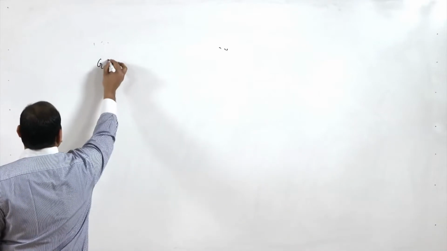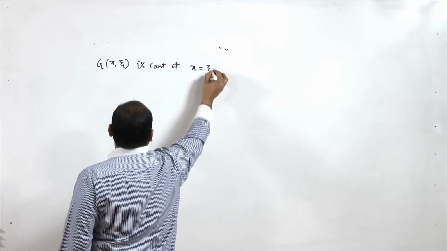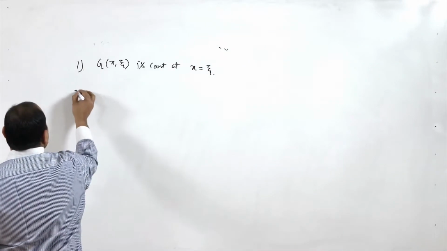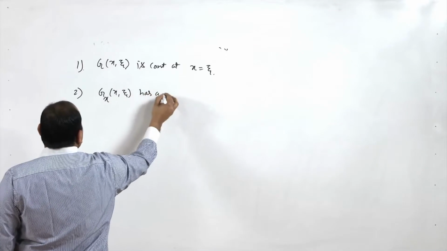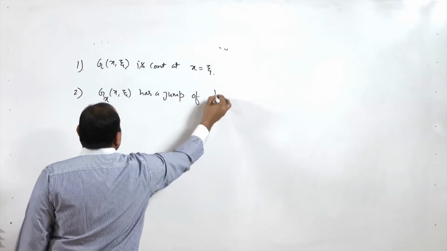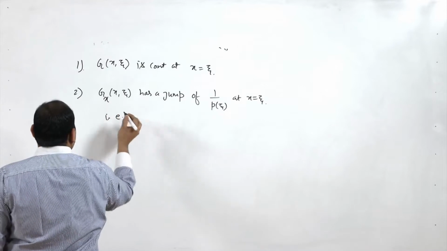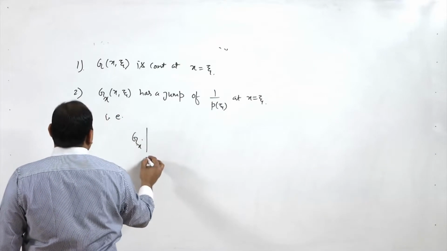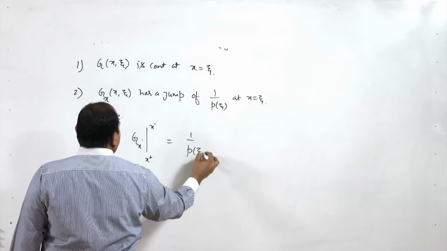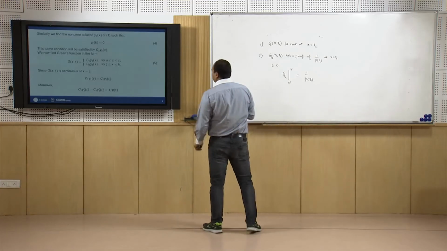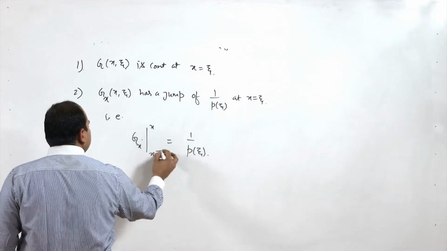Here we have assumed that G(x, xi) is continuous at x = xi. Second, G(x, xi) has a jump of 1 upon p(xi) at x = xi, that is, the derivative from x plus minus x minus, sorry, from x minus to x plus, is equal to 1 upon p(xi).